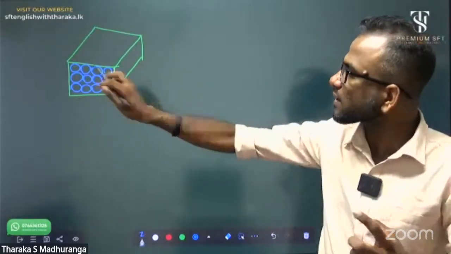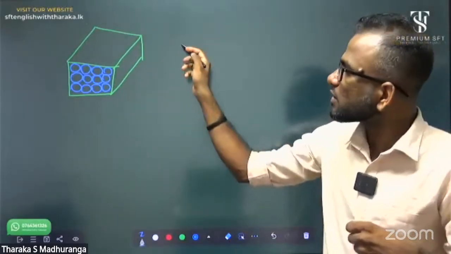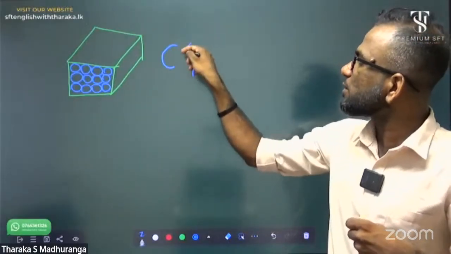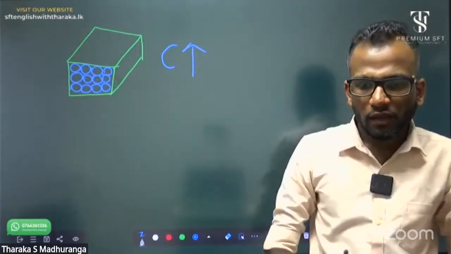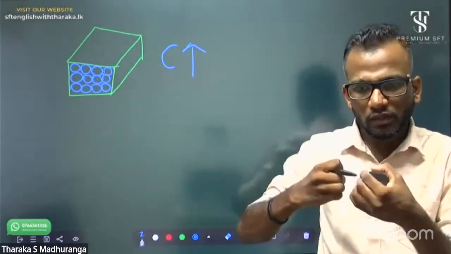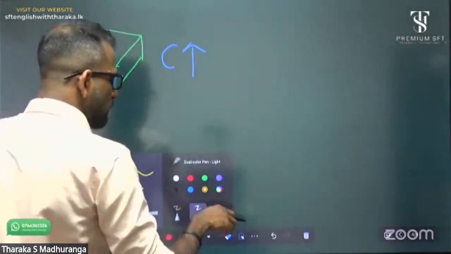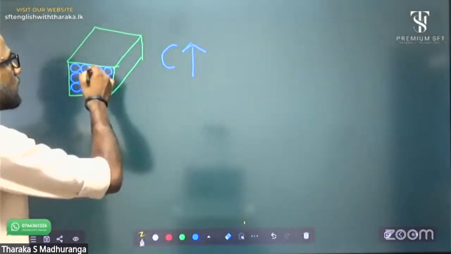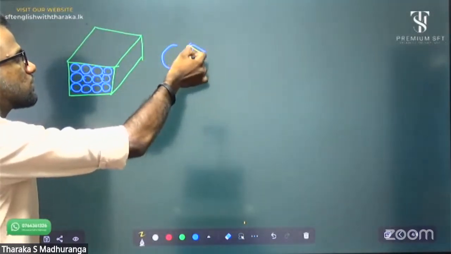concentration, it's reactant concentration. Now, when we increase the concentration, what happens? The number of molecules within the unit volume is increasing. Due to that, these reactant molecules are very close to each other. Then their collisions increase.